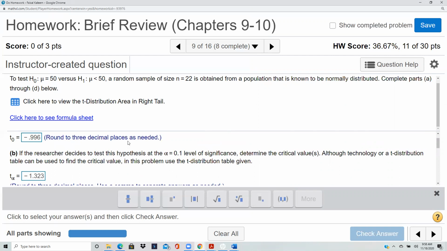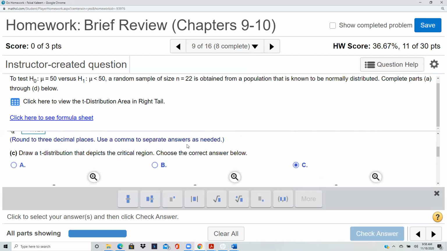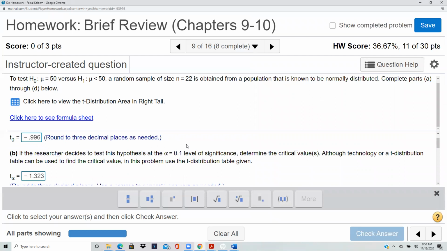So 0.1652, is it less than this alpha, that's 0.1? No. So if p is greater than alpha, then do we reject or do we not reject?